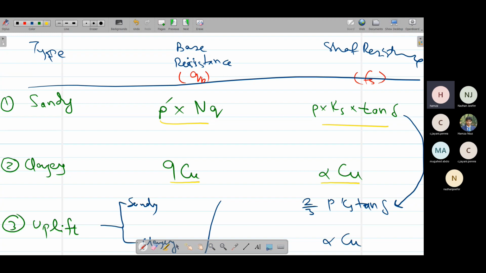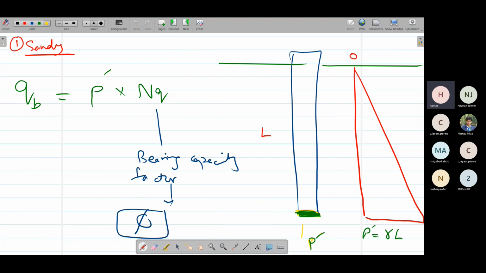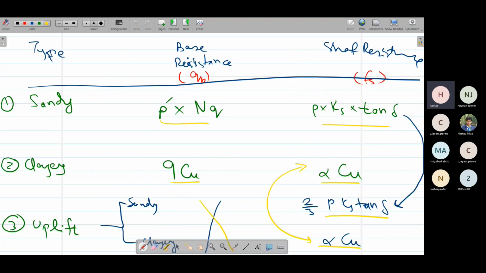For uplift, there would be no base resistance, only shaft resistance, and it would be 2/3 of the shaft resistance of sandy soils in case of uplift in sandy strata. In clay strata, it would be the same as that of clay. So only the QB and Fs values would be changed. That's why I have drawn this table. It is simpler to memorize in a table.